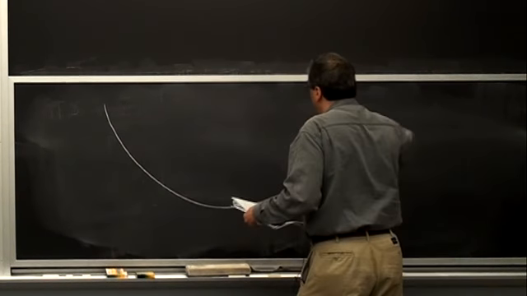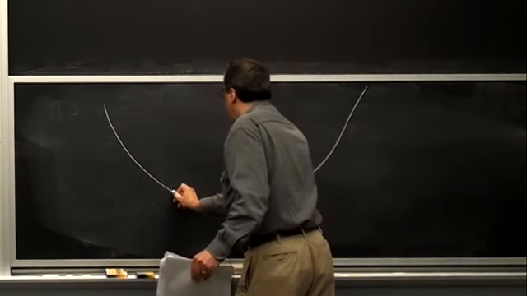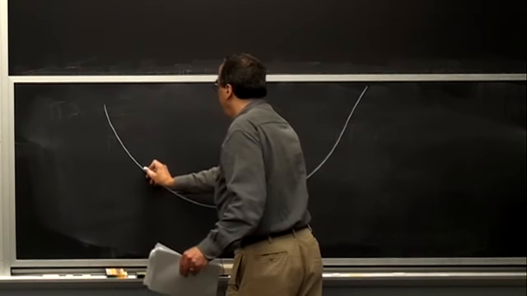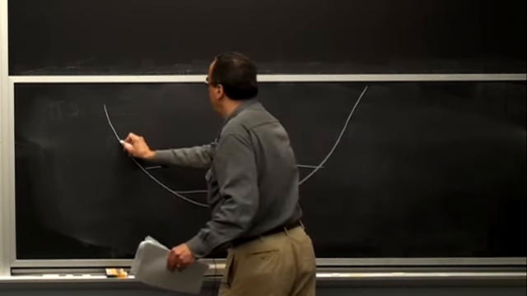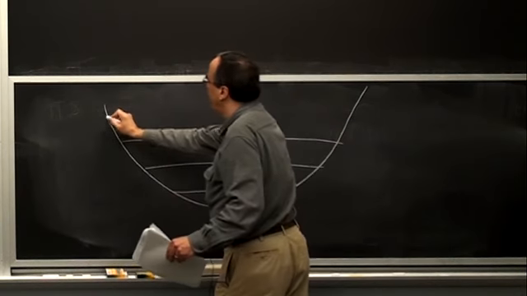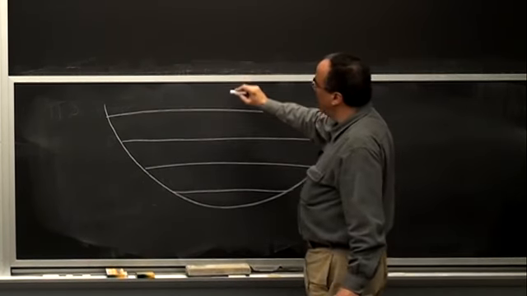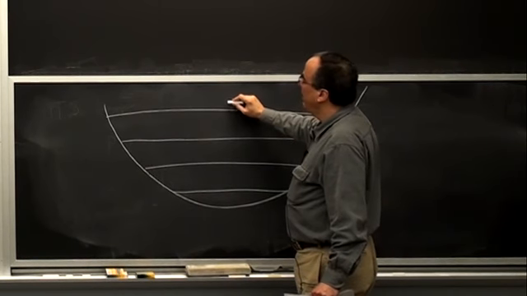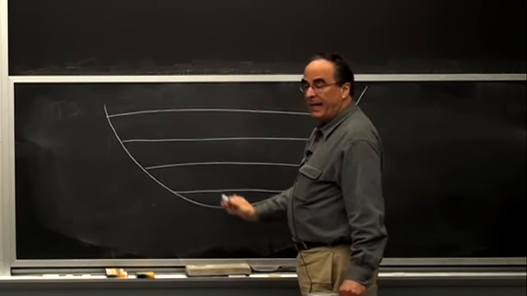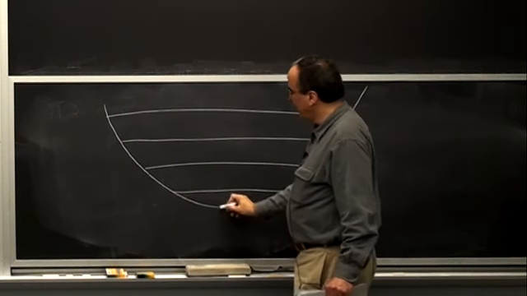Suppose we have a nice fat potential, and so here is V equals 0, V equals 1, V equals 2, V equals 3. And suppose now we either chop this in half or just put in a nice big barrier.